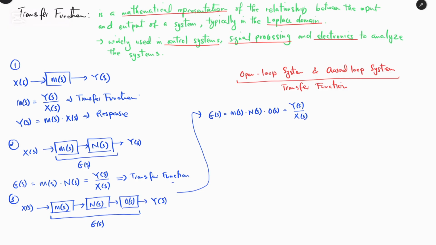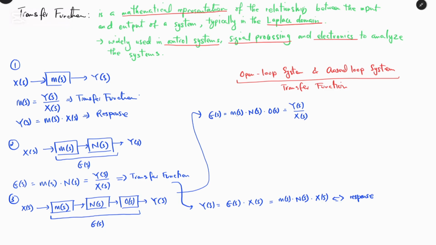Also for this one, I forgot to tell you the response. The response is simple: Y(s) equals G(s) times X(s), which equals M(s) times N(s) times X(s). So this now is the response of the system.